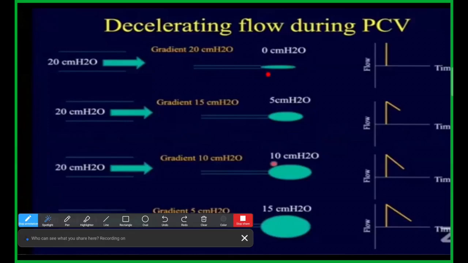Initially the gradient is 20 centimeter H2O, and once the alveolar pressure starts increasing, your gradient is going to decrease. Finally, when the alveolar pressure equals the ventilator pressure, expiration follows. That is, it will touch the baseline. This is how you can see the decelerating ramp pattern in your pressure control ventilation.